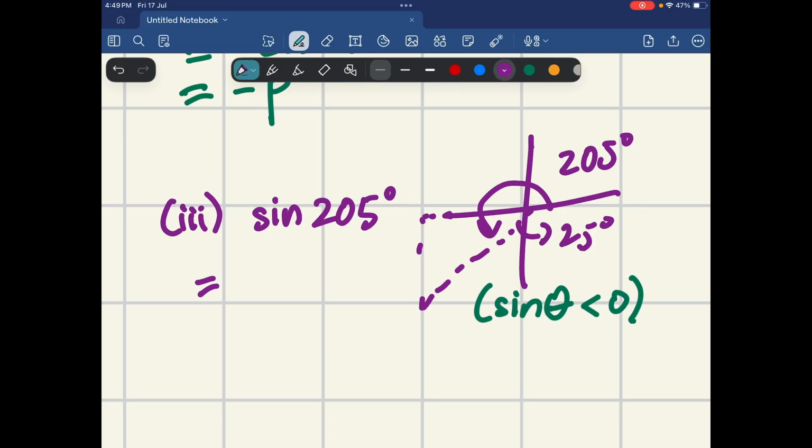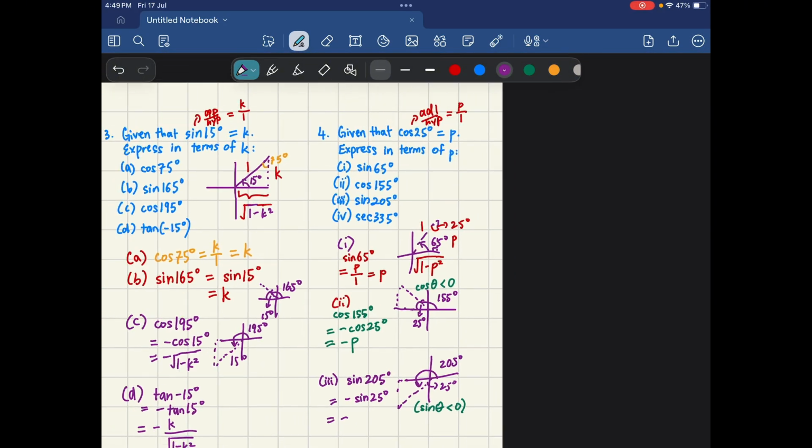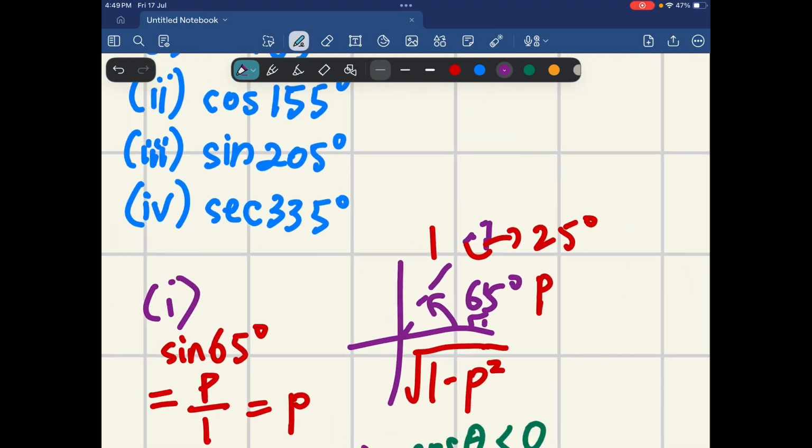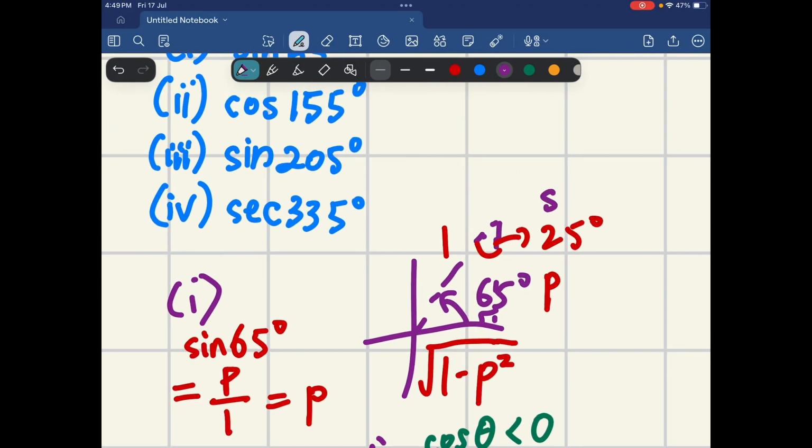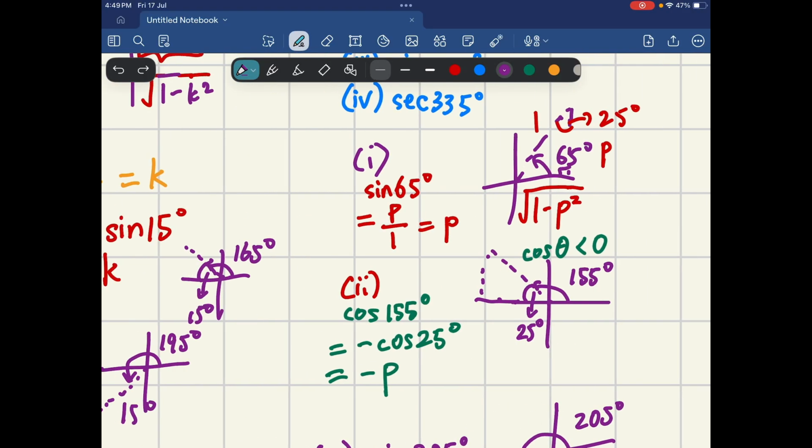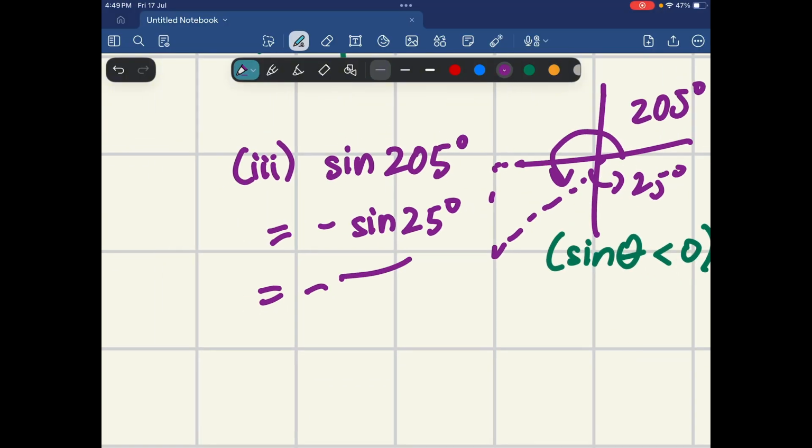So we know that this will be minus sine of 25 degrees. Now sine of 25 degrees, we already had this diagram over here. So sine of this value will be opposite over hypotenuse. And your opposite in this case is square root 1 minus p squared, and your hypotenuse is 1. So the divide by 1 is just redundant. So this is your answer.